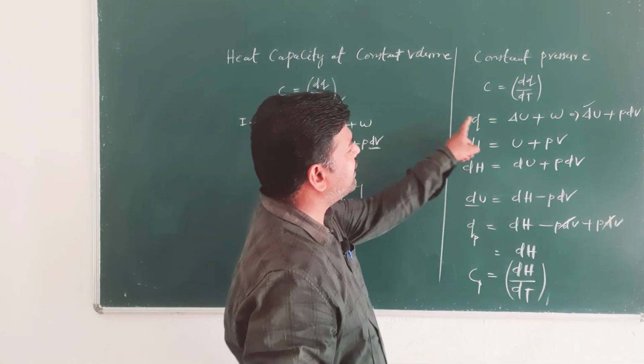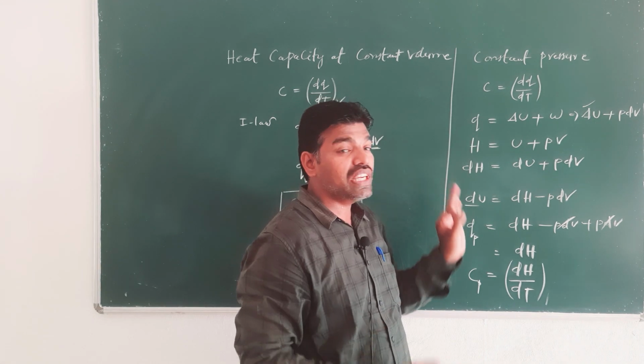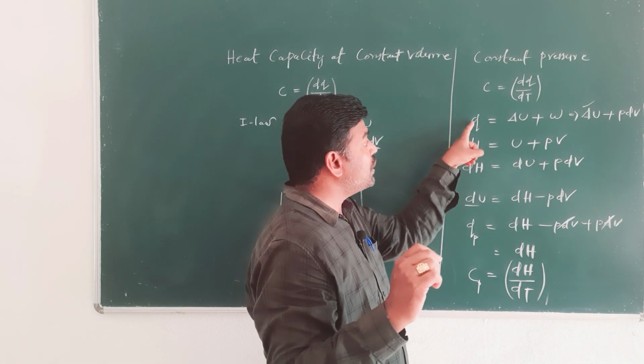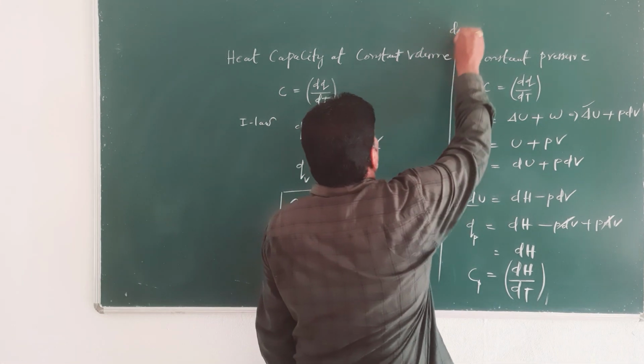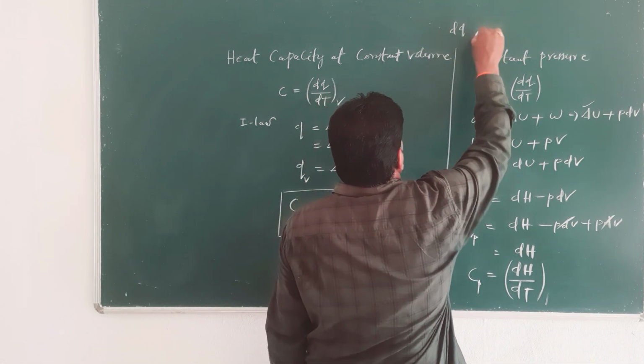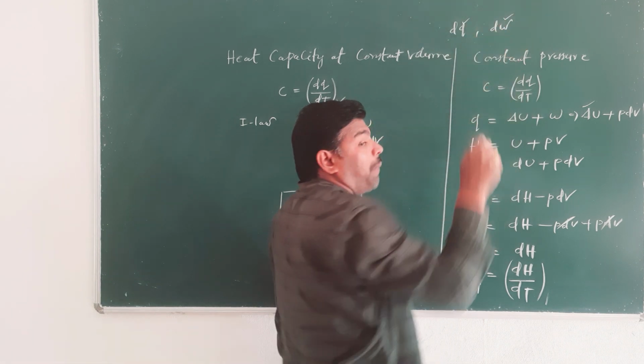Okay, now why are we not writing dq? Because we cannot write dq and dw, because q and w are path functions.